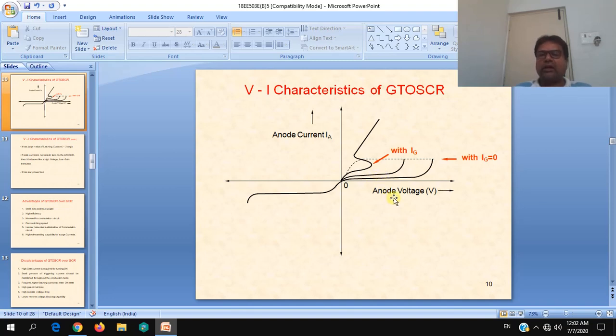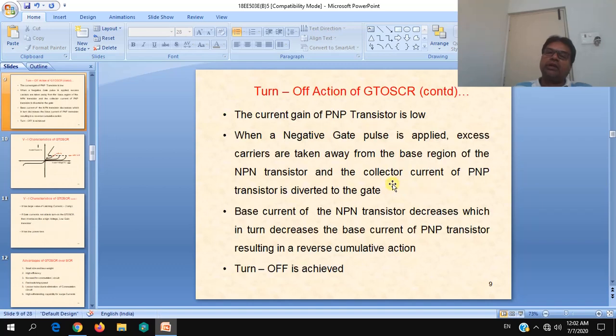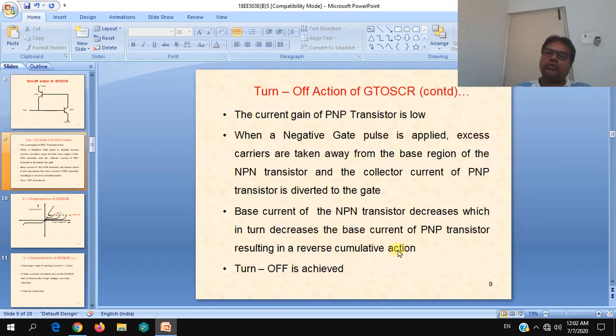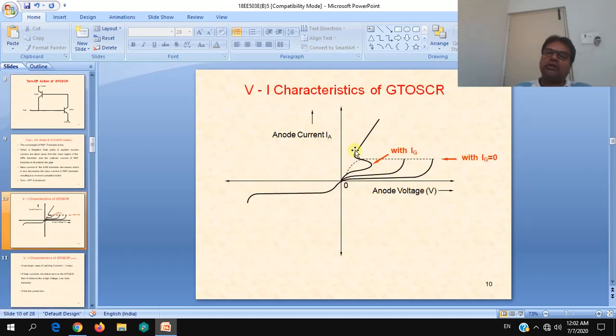So to prevent GTO SCR from falling to forward blocking region from the conduction state or on state, we require to continuously apply a positive pulse between gate and cathode throughout the on state or operation region of the GTO SCR.